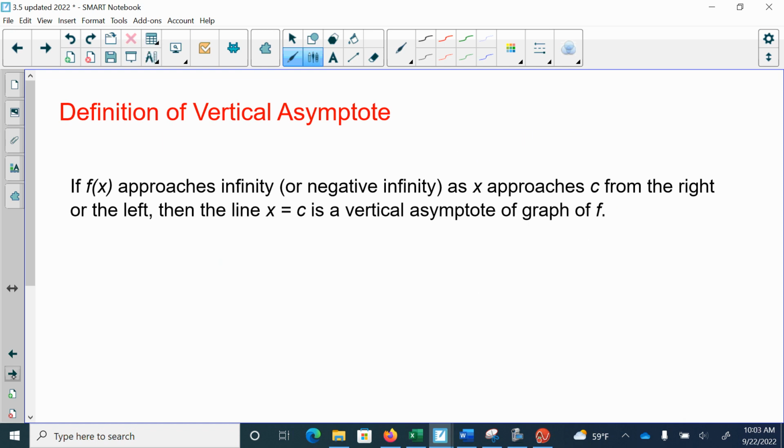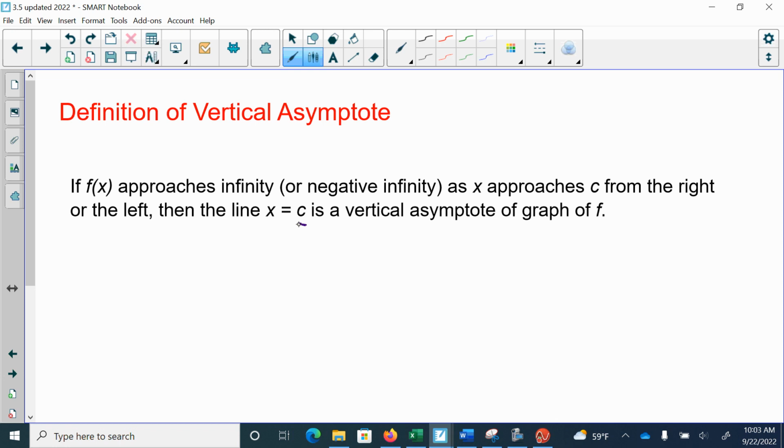Okay, so to have a vertical asymptote, your function has to approach infinity or negative infinity as x approaches c from the right or from the left. And then the line x is equal to c is your vertical asymptote. So in order to have a vertical asymptote, as I approach that graph to whatever the number is, the limit has to be positive infinity or negative infinity.